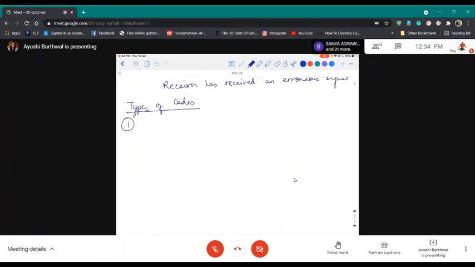So codes are basically identified in 2 groups. The first group is termed ARQ, which is called automatic repeat request. In automatic repeat request, generally the codes are designed in such a way that the possibility of error is almost zero.